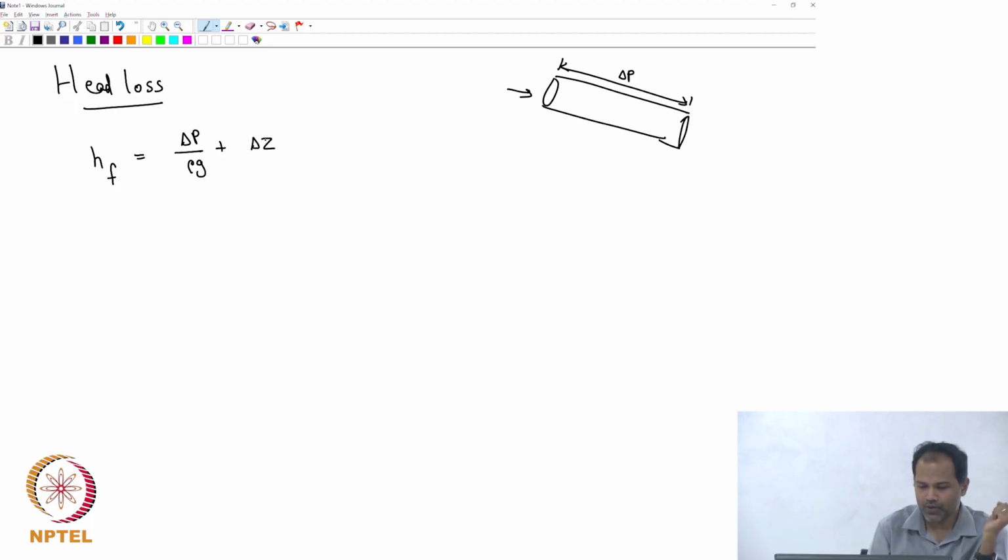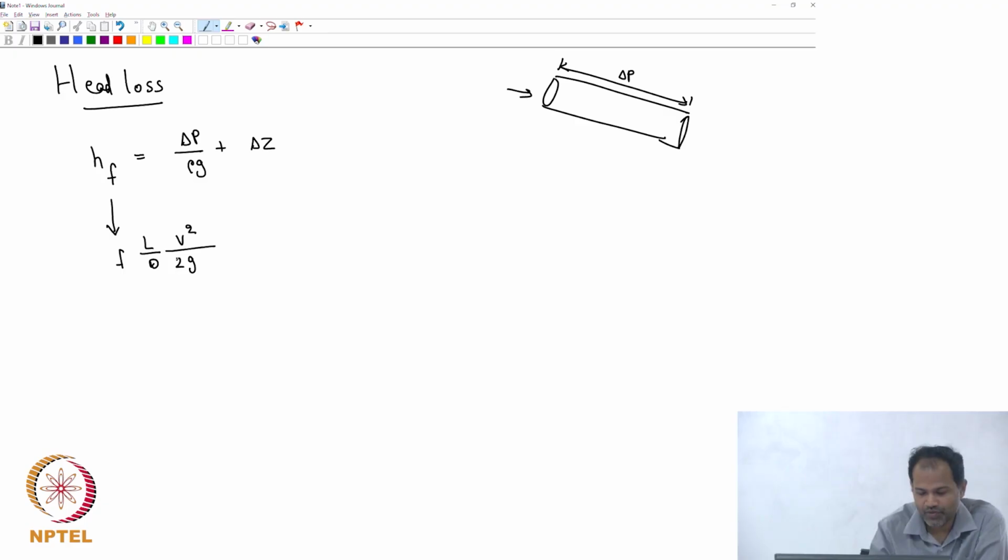Now the way we did it is we defined something called a friction factor, and we wrote down some relation between friction factor and head loss. How did it relate HF to f? Something of that sort.